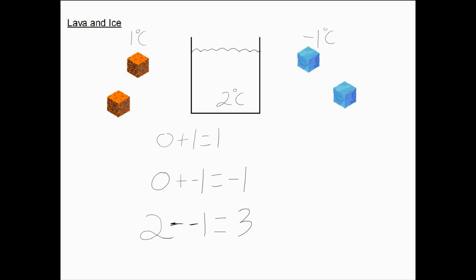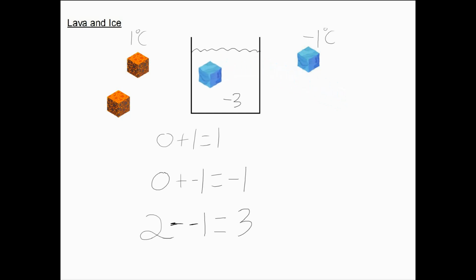Now let's try a trickier one. Imagine that the temperature of the liquid is -3 when there are 2 ice cubes in the beaker.